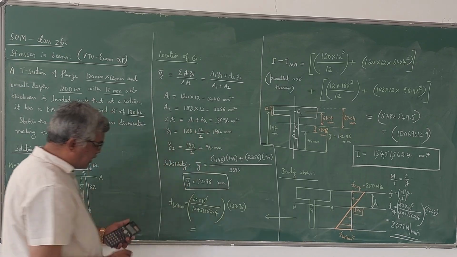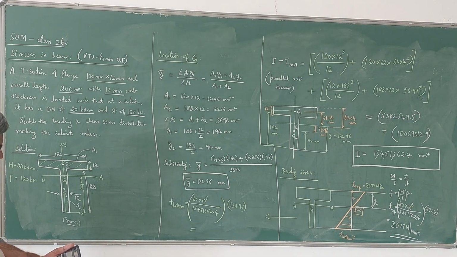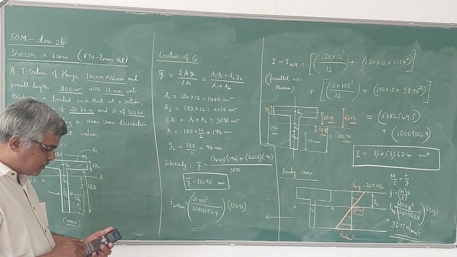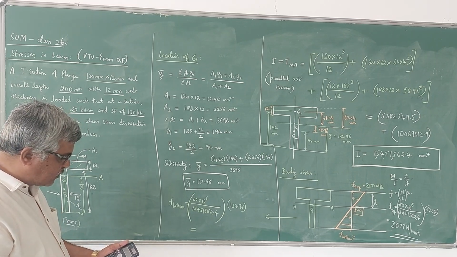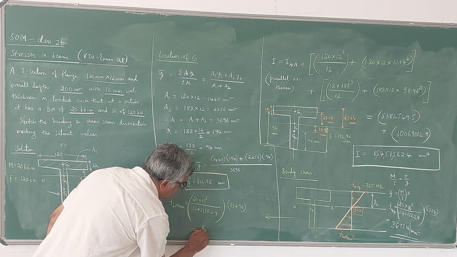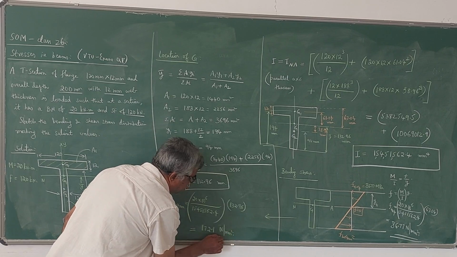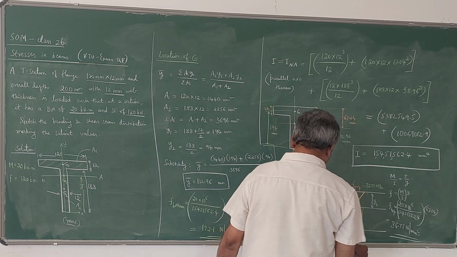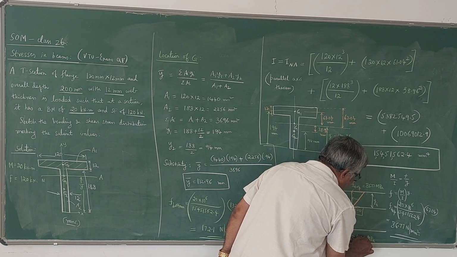If you simplify this, we get 172.1 Newton per mm square or MPa. So this is the stress at the bottommost fiber. The value is 172.1 MPa. So this is about bending stress.